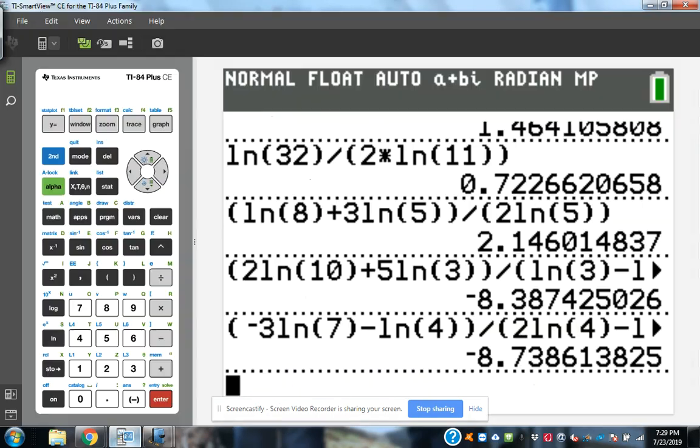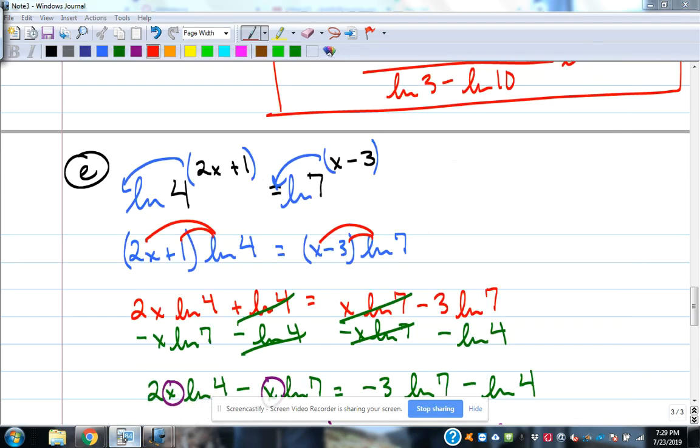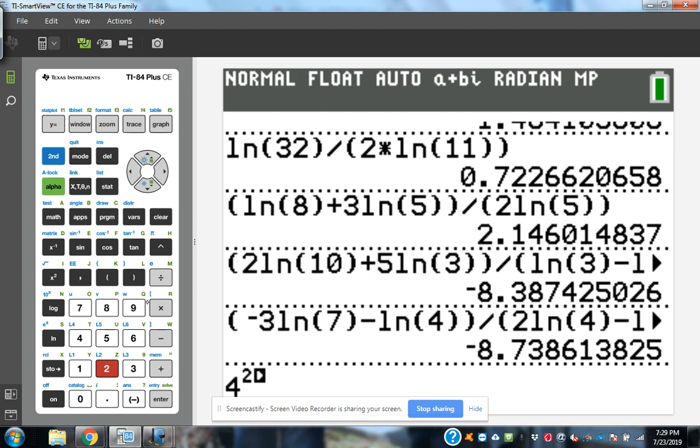But if you took this unrounded decimal and worked it in the original, 4 to the 2x plus 1, so I did 4 raised to the 2 times the answer plus 1, you got that.